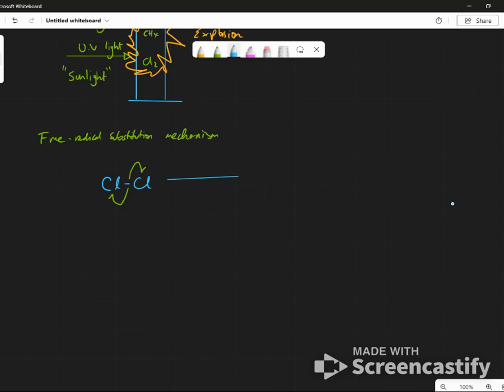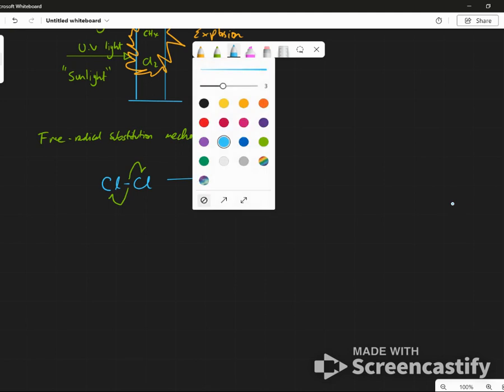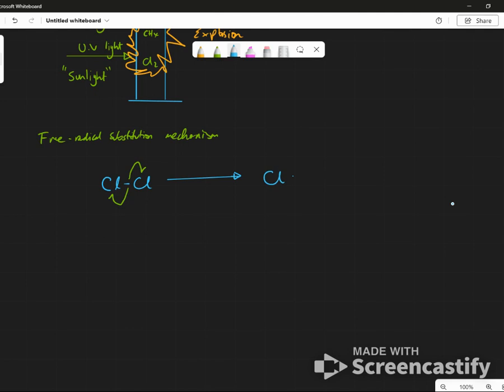So there it goes. If it splits up homolytically, you're going to end up with two chlorine radicals. This is a chlorine radical. So you get two of them. That's the first step.